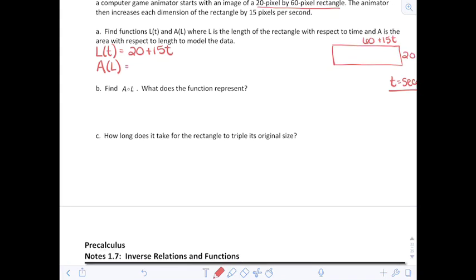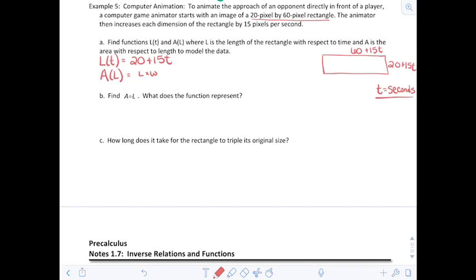Now the first thing we know is that area is length times width. So as we look at this, I'm going to take that off of there now. So length times width. When we started out with 20 by 60, they are different by 40. So one length of 20, and then you have another length of 60. So if you have length, the other length is that length plus 40.